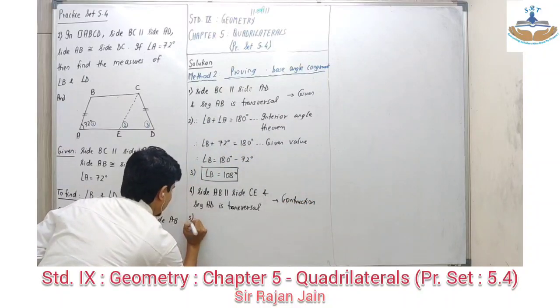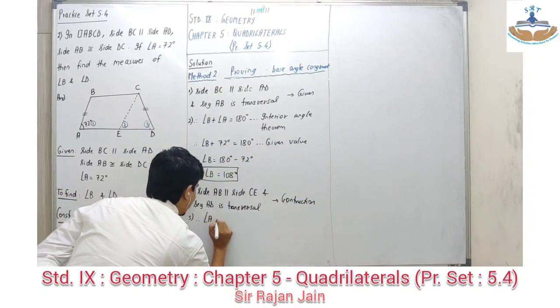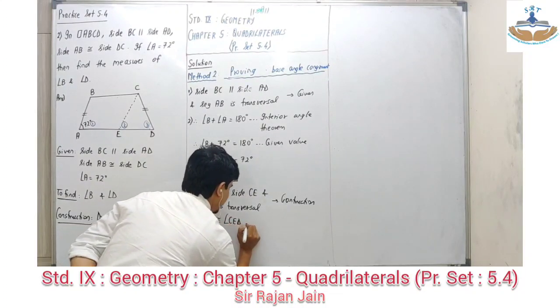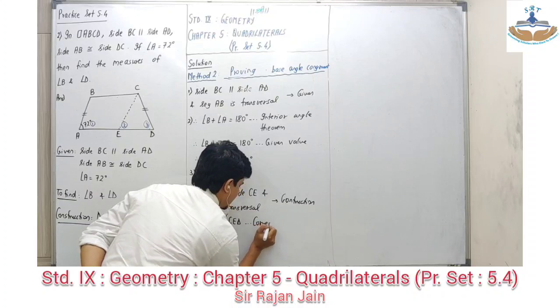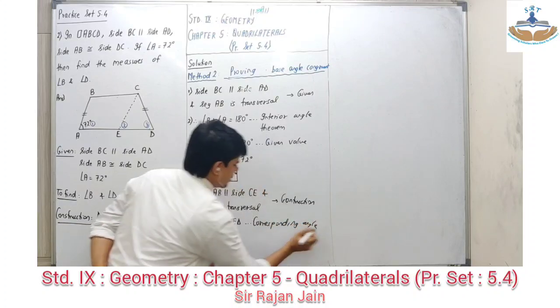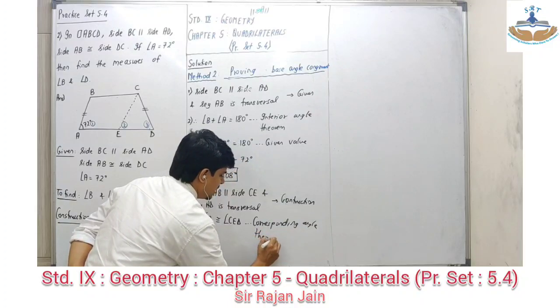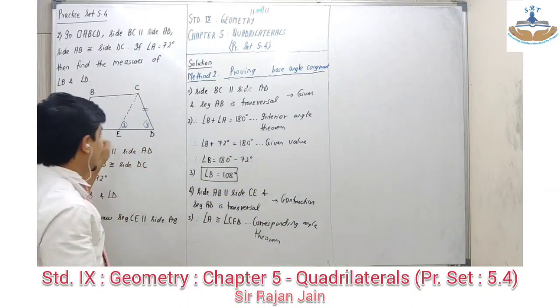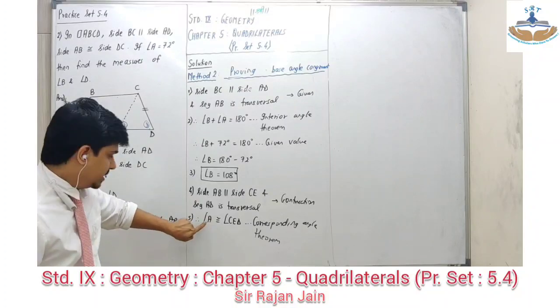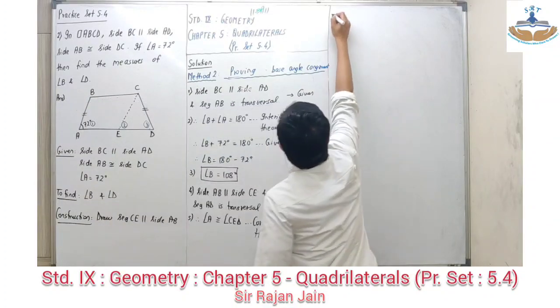If they are parallel, I can say therefore angle A is congruent to angle CED. Reason you will write corresponding angle theorem. In the written part, in your fair part, you cannot write angle 1, angle 2 like that. You have to use proper namings. Okay? So angle A becomes congruent to angle CED.